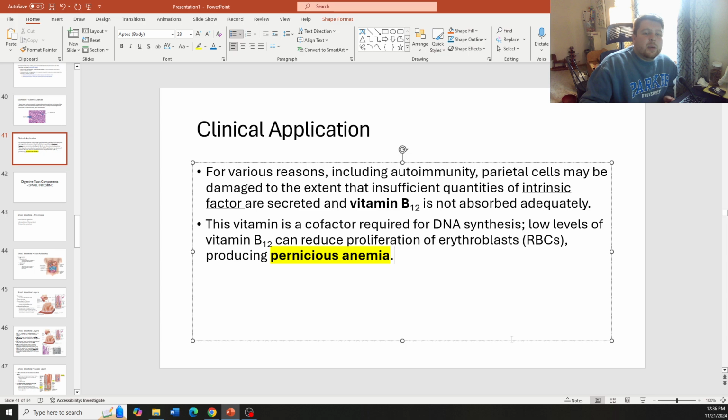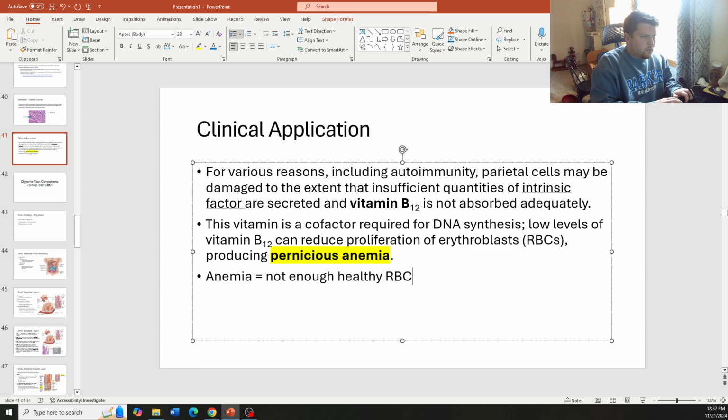What pernicious anemia is essentially that our red blood cells are not being built correctly, so more of them are being destroyed, so we don't have as many red blood cells. That's what anemia is. Anemia is not enough healthy red blood cells.